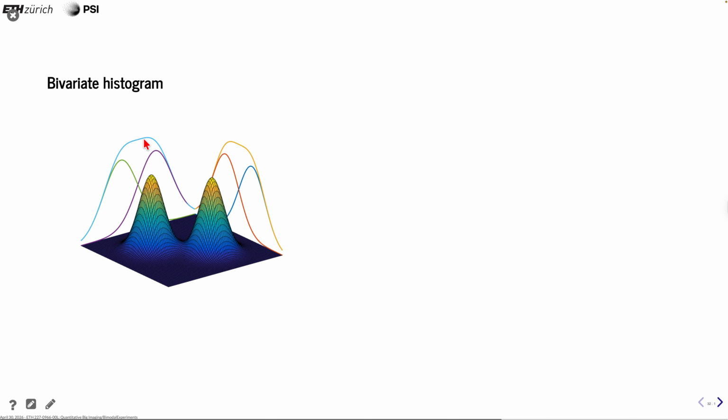And all of a sudden, this very hard to separate histogram has turned into something which is very clearly separable. You can just easily put a threshold between these two peaks and everything is good. This is the idea that we're going to use in the bivariate segmentation.